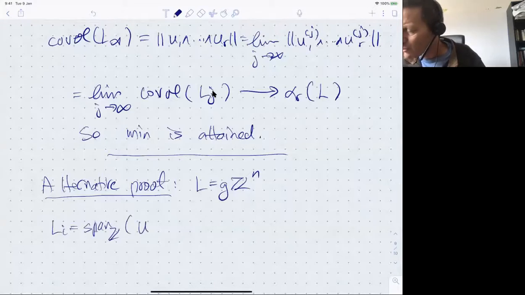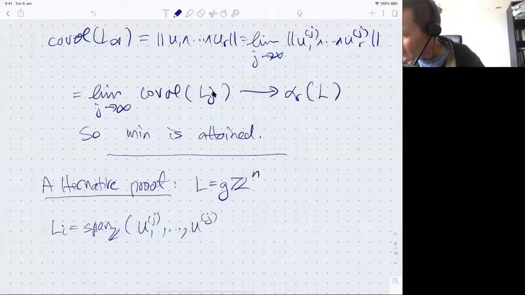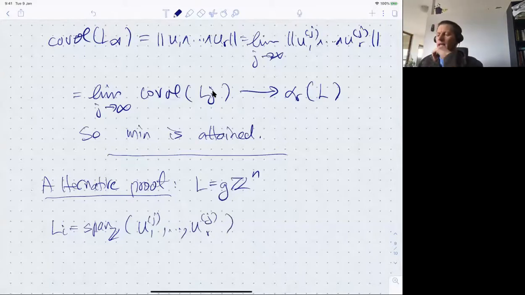So I start the proof in the same way. I consider a sequence of Lj whose covolume converges to this alpha R, and let's take a basis of these Lj, denoted in the same way.